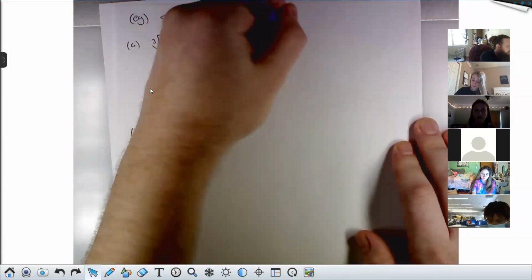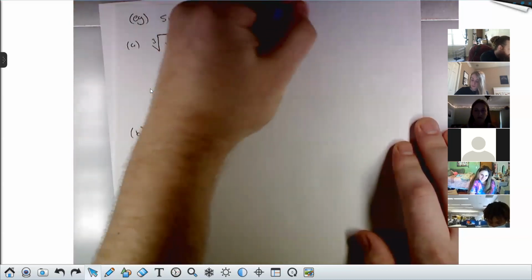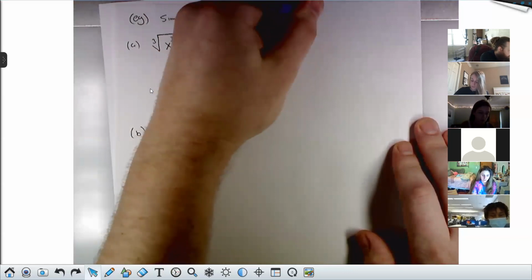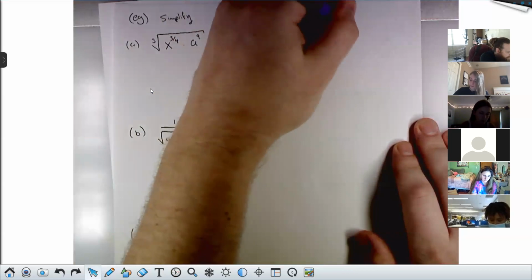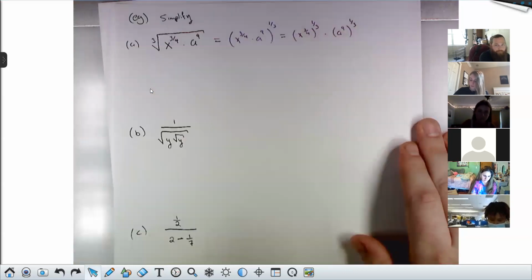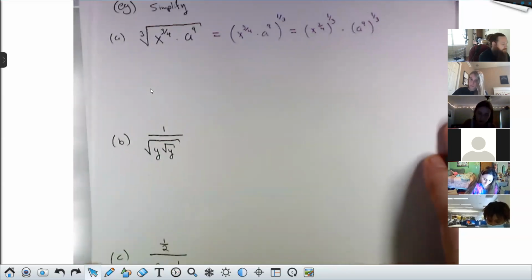Since each one of those things is itself a power, I'm going to do it carefully and give each one their own little parentheses. So this is x to the 3/4 all to the 1/3 times a to the 9 all to the 1/3. And that's using rule 1.